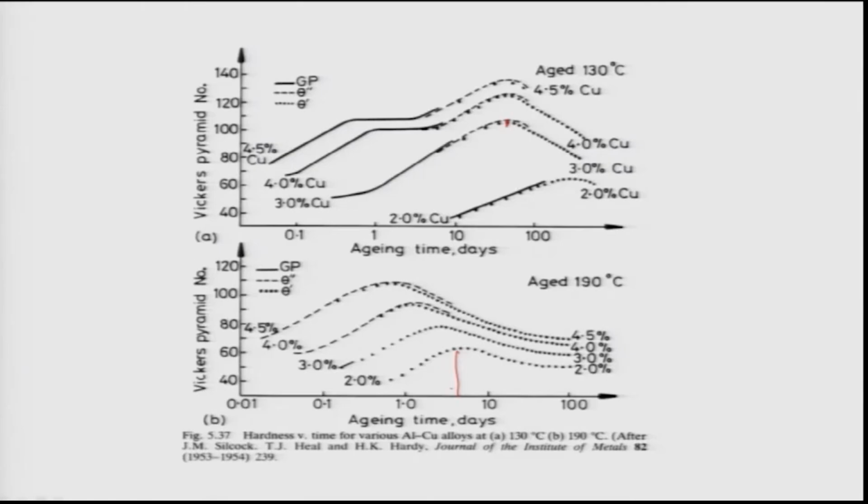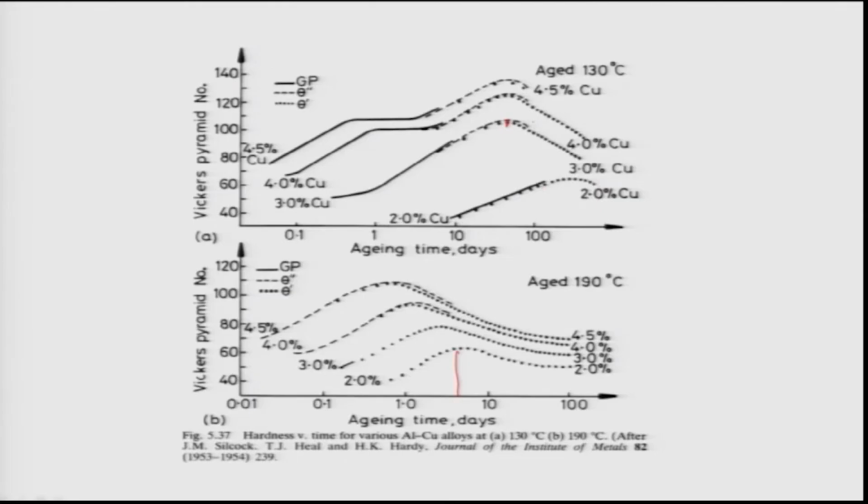And remember, the points which are shown here are basically for theta prime, because this tells you what kind of precipitates form. Surprisingly, if you look at the lean alloys, just after GP zone, it directly goes into theta prime, as you see here.